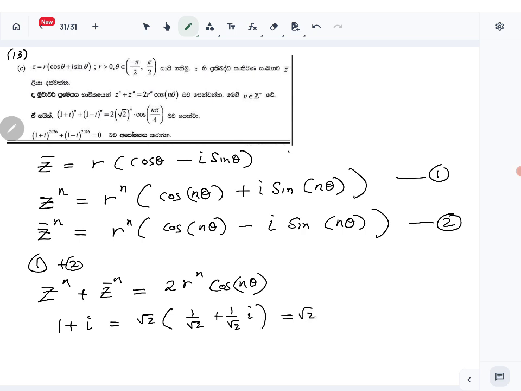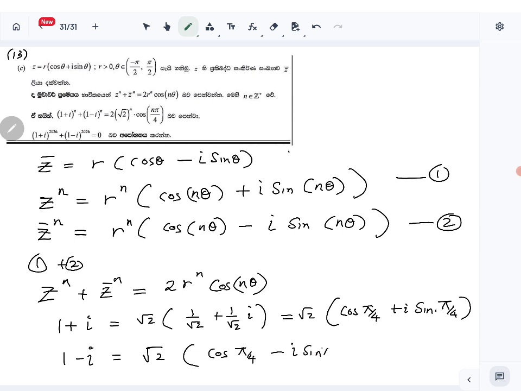So this is root 2 cos pi over 4 plus i sin pi over 4, right? So that is 1 plus i. Then 1 minus i is obvious, you don't need to do it again. Root 2 cos pi over 4 minus i sin pi over 4. So 1 minus i is the complex conjugate of 1 plus i.